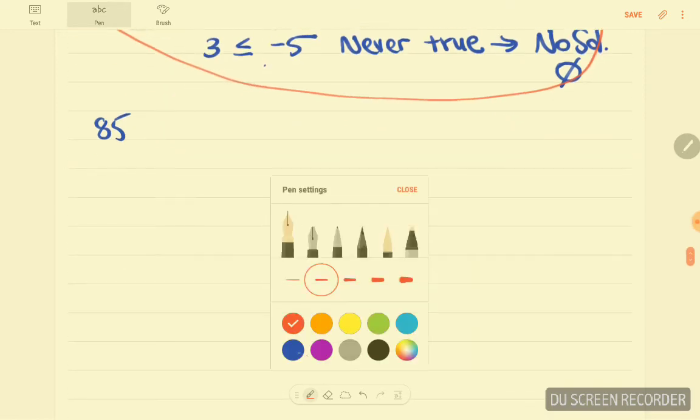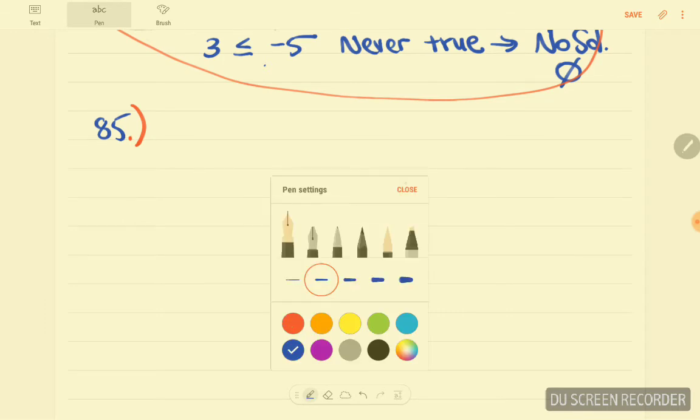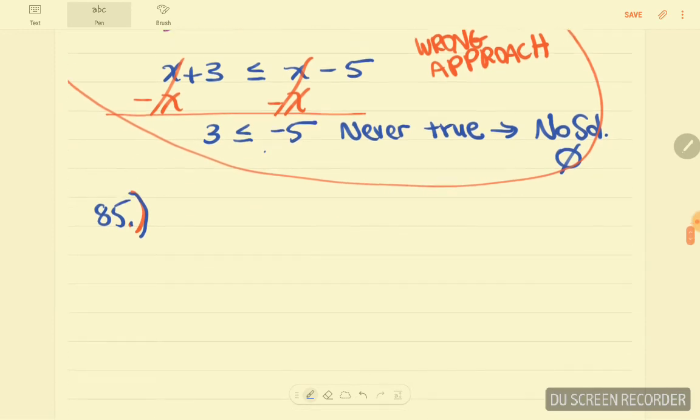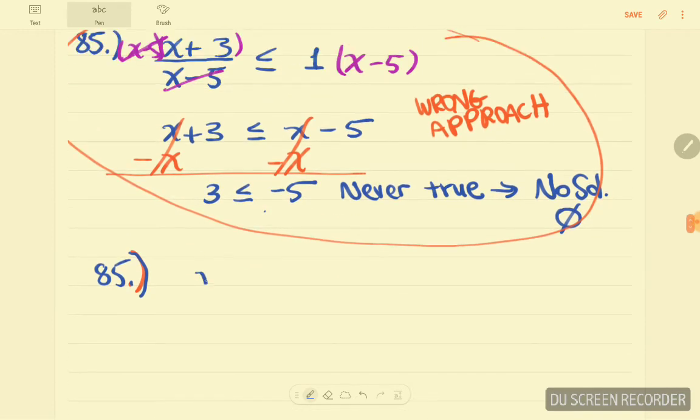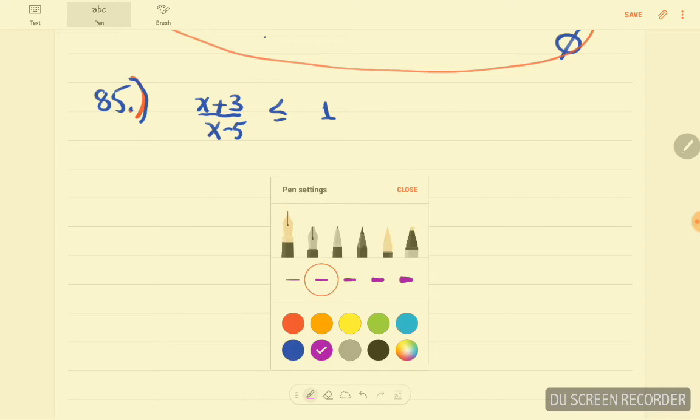The correct approach would be (x plus 3) over (x minus 5) is less than or equal to 1. And what I want to do is set this inequality equal to 0. So I'm going to subtract 1 from each side.